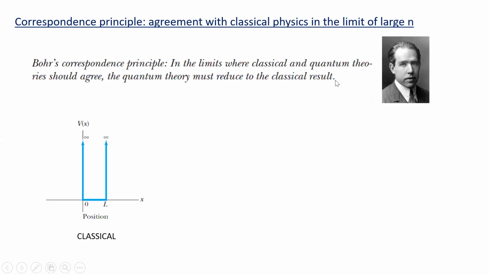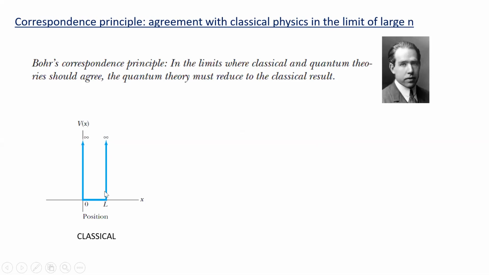Well, if we look at this system classically, if we set up a big deep box, and we put a ball in it, with very low friction and a very elastic ball, and roll the ball back and forth, the probability of finding the ball in any one place, since it would just be bouncing back and forth, would be equal. There would be no preferred position.